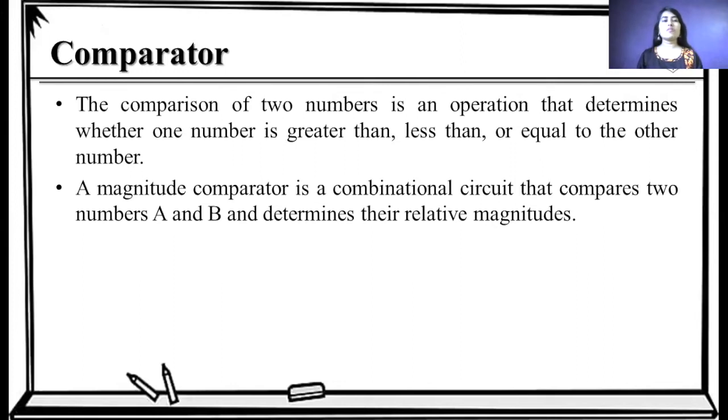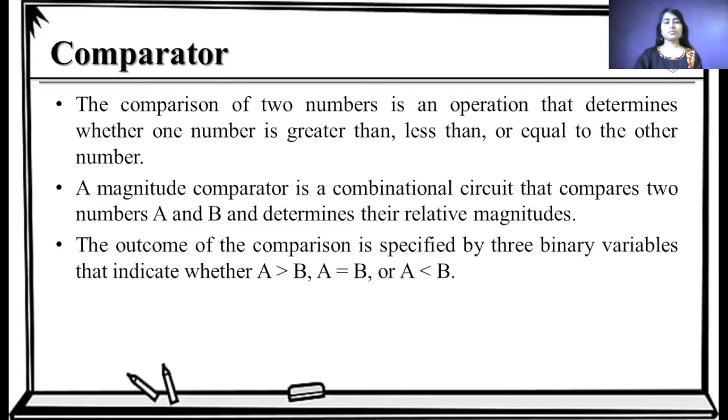That means after comparison, we have three outputs: greater than, less than, or equal to.